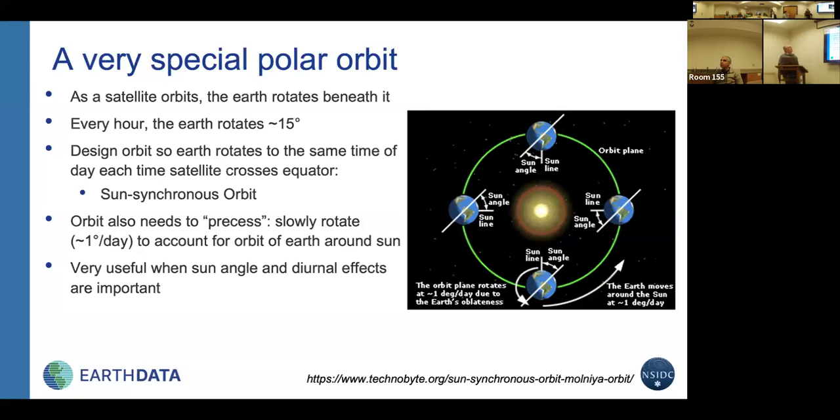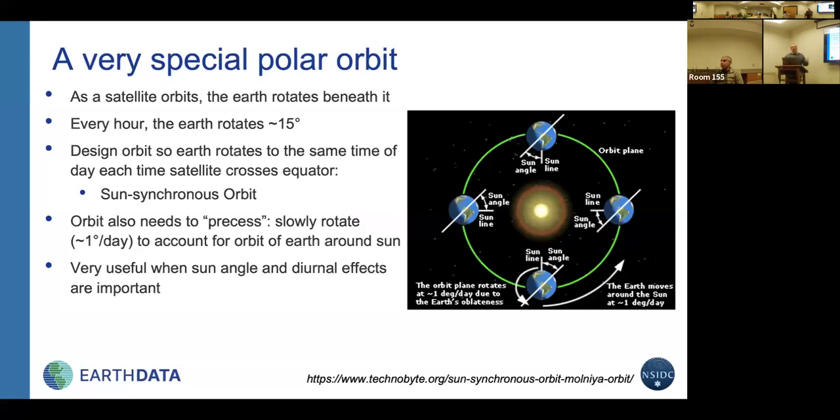So it's not exactly 15 degrees, but this is really useful if the sun angle is important to your data, because reflection is dependent on the sun angle. And then diurnal effects: if you're tracking snow, it may make a lot of difference if you're seeing the Earth at 6 AM when it's cold versus 4 PM when the sun's been melting the snow for a long time, or crops and things like that.